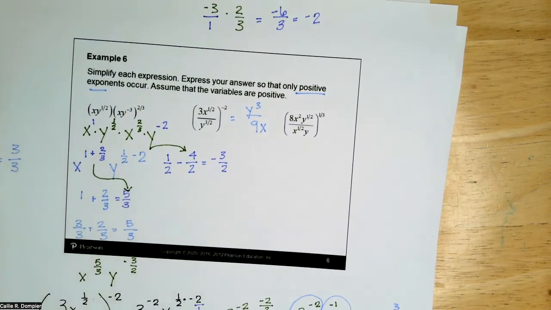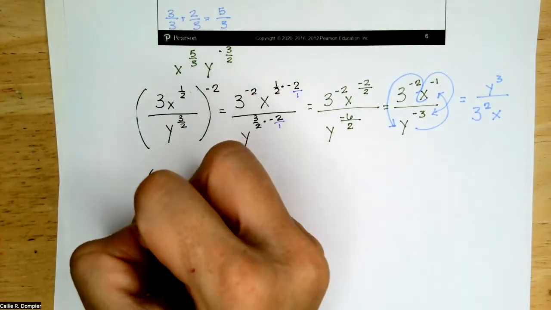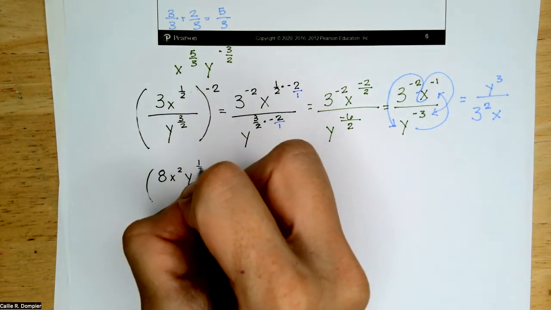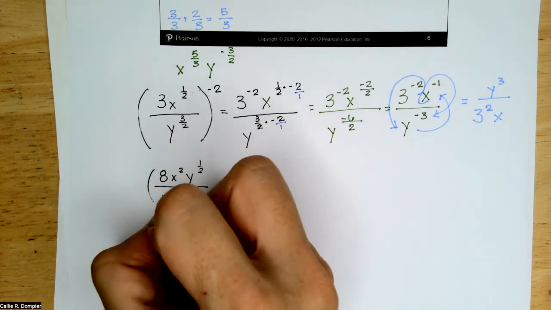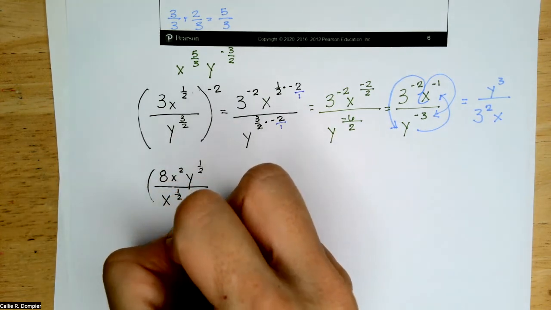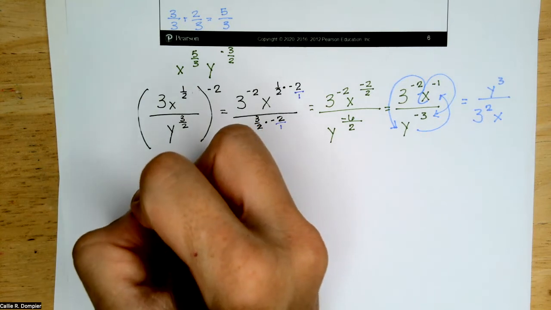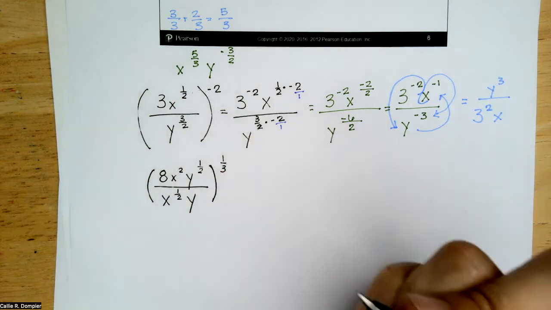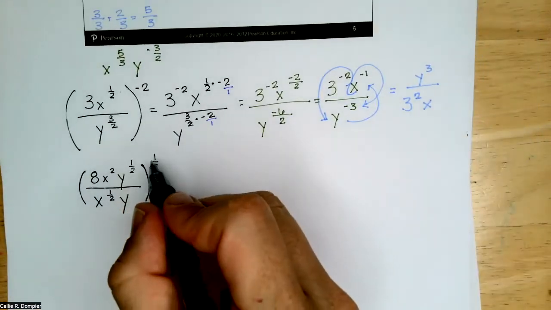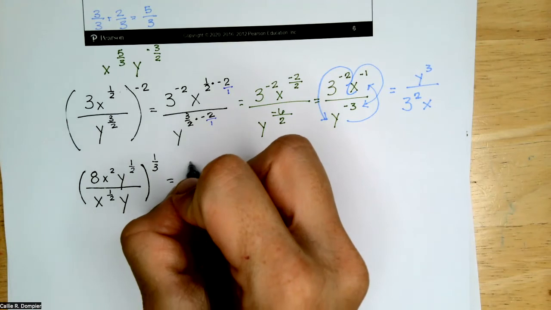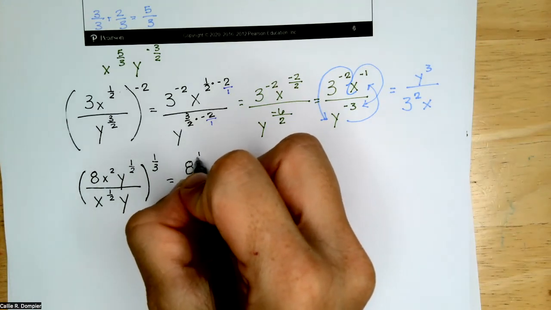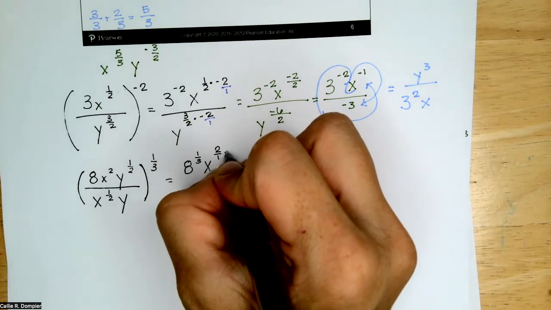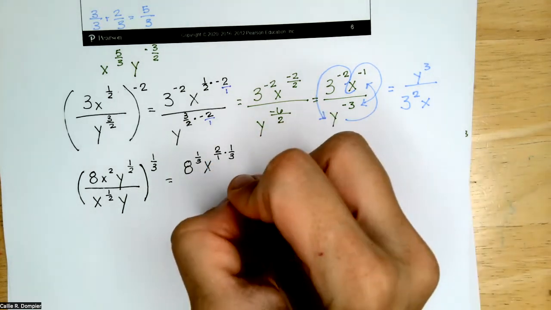All right, last one. 8x squared y to the 1/2 over x to the 1/2 y, all to the power of 1/3. I'm going to distribute that 1/3 to everything. So that becomes 8 to the 1/3, x to the 2 over 1 times 1 over 3, right?